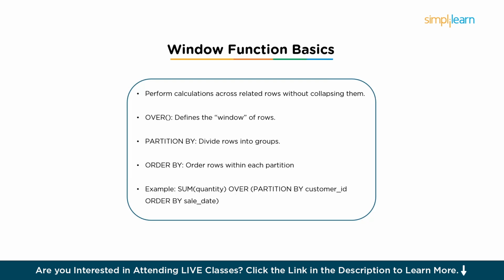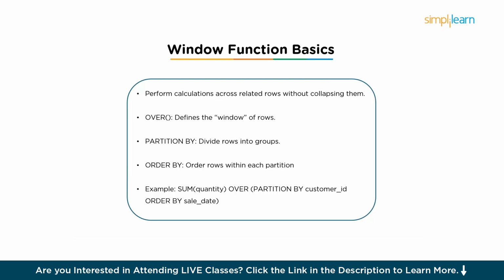Within OVER, you can use two optional but powerful subclauses: PARTITION BY and ORDER BY. PARTITION BY divides your data into separate independent groups, similar to how GROUP BY works, but crucially, it doesn't collapse the rows. The window function then performs its calculation independently within each of these partitions.